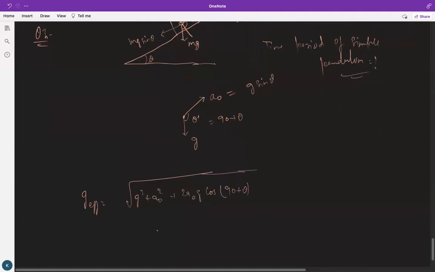Let's see what is actually going on. A naught square will be G square sine square theta.